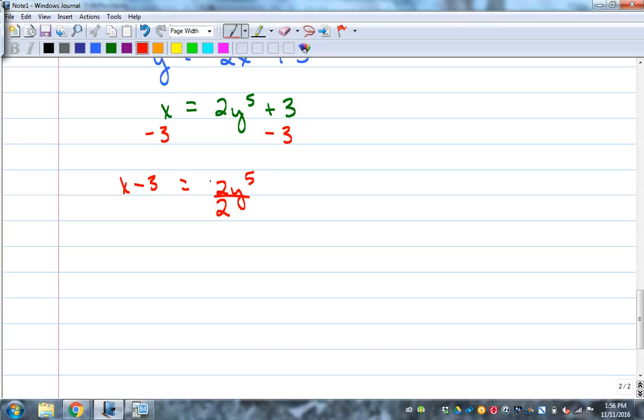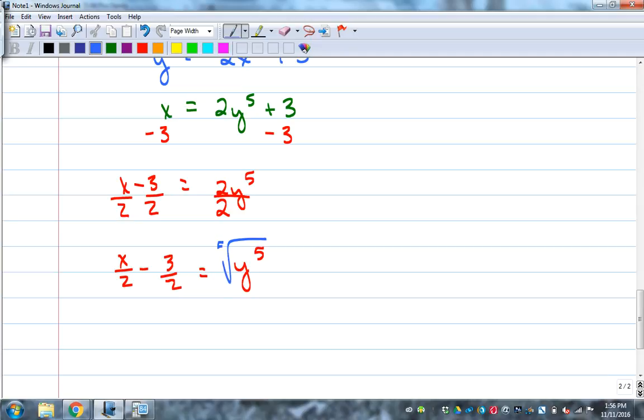Divide by 2. That's good. So x over 2 minus 3 over 2 equals y to the 5th. Or 1/2. Yeah, you could write it as 1/2 x or x over 2. Those are the same thing. Okay. So how do I get rid of the 5th power?